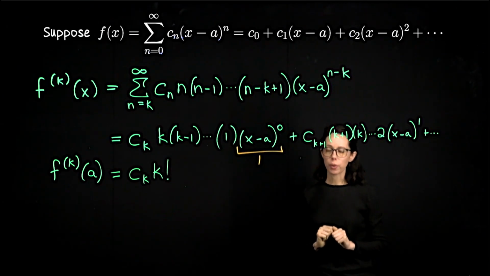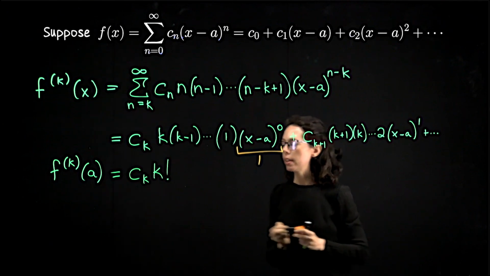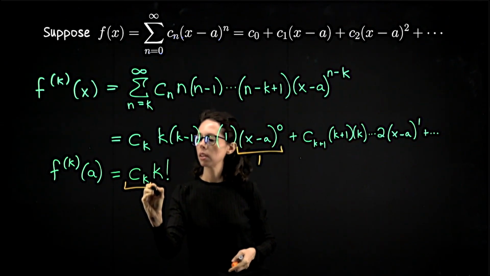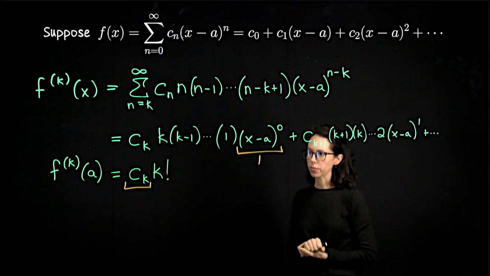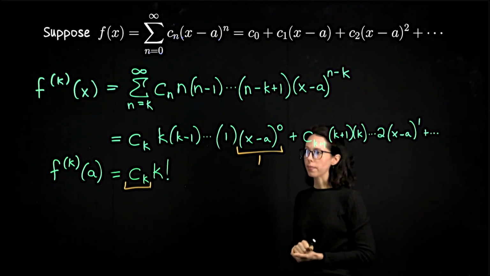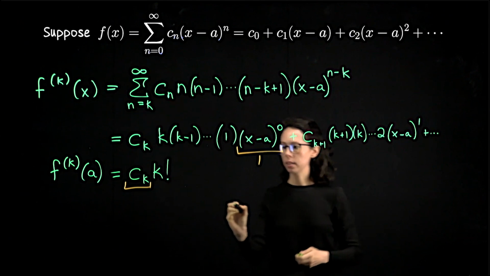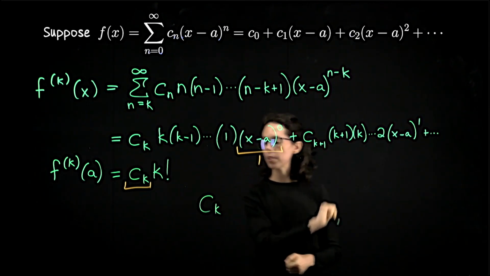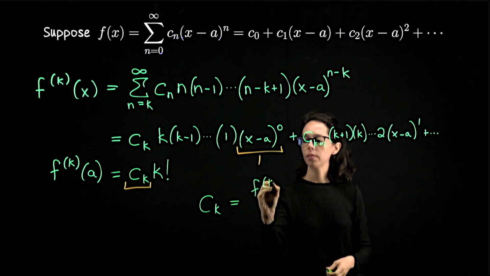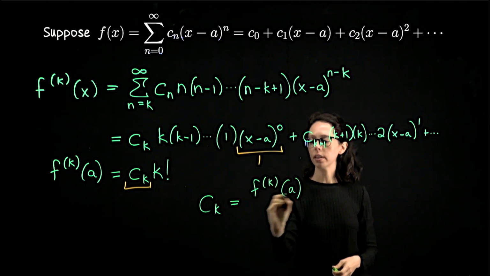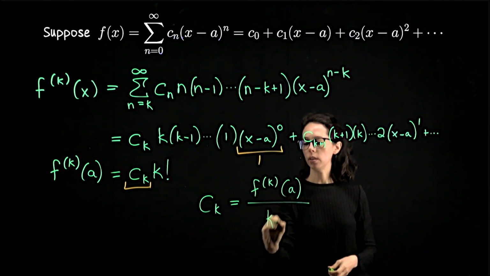Now all we have to do is solve for the coefficients. That was the goal of this exercise, to be able to replace those unspecified coefficients in the power series for this function with something a little more specific. So now we're saying that the coefficient c sub k is the kth derivative of f evaluated at the center divided by k factorial.